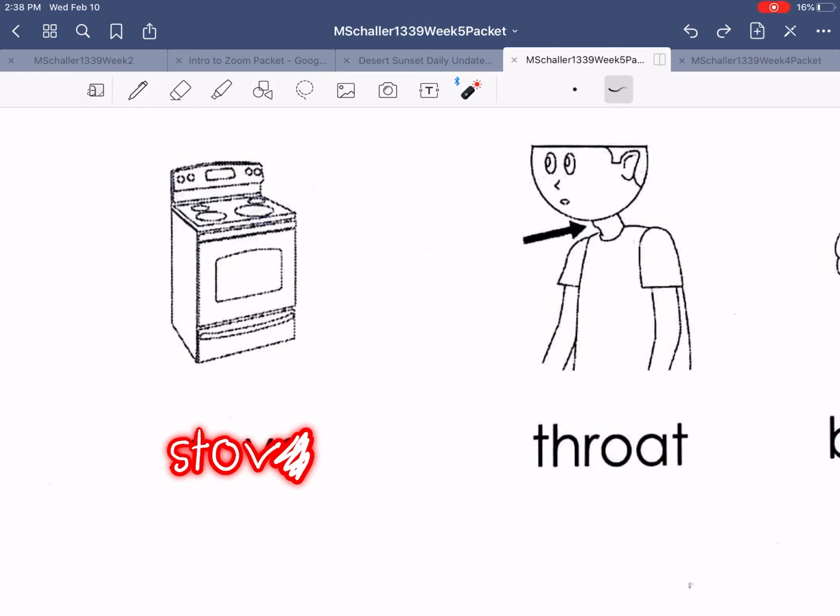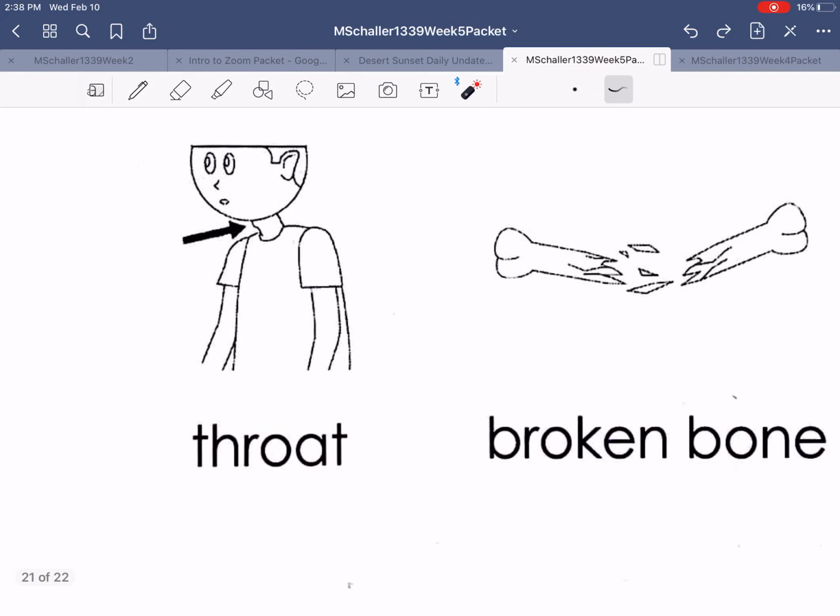But if you add the E, stove. So O, then V, E, stove.